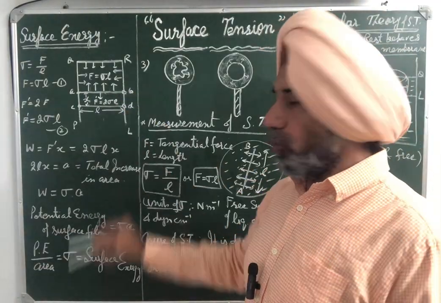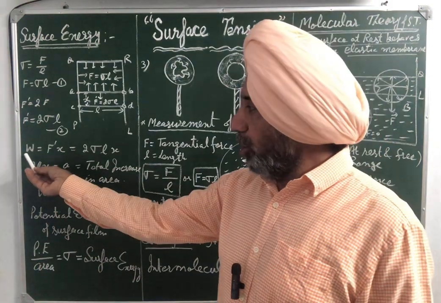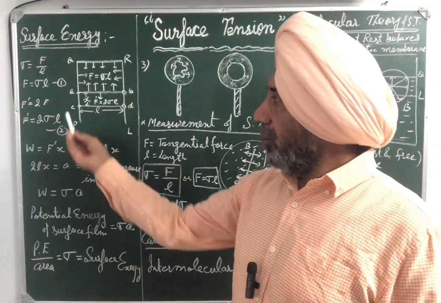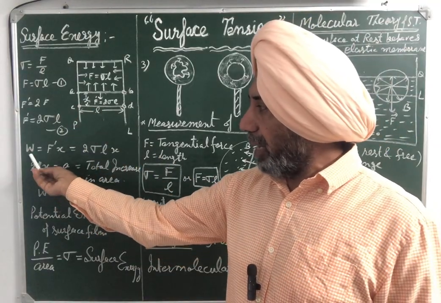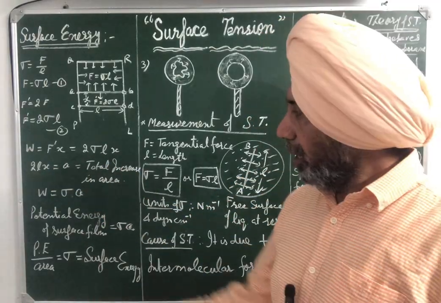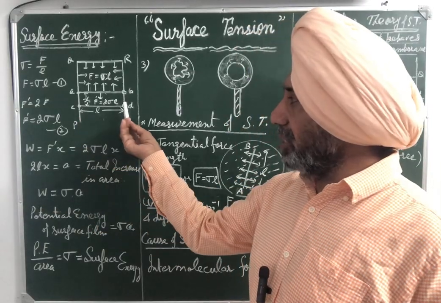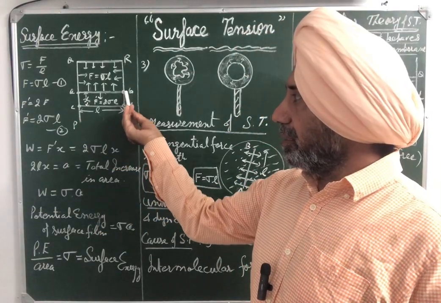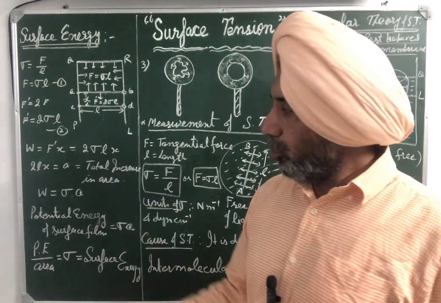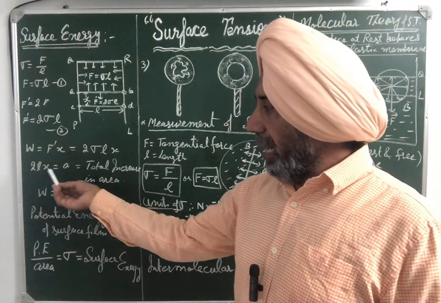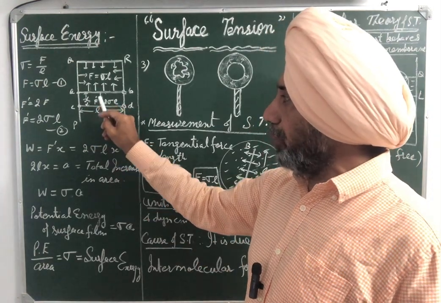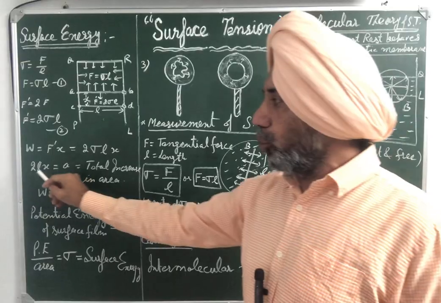As force is required, work has to be done. So the work done in order to move the side AB from AB to CD through distance x is given by W is equal to F dash x, or 2 sigma L into x. But L is the length of this movable arm and x is the breadth, and length into breadth is the area. So the total increase in area when the movable arm is moved through distance x is 2L into x.